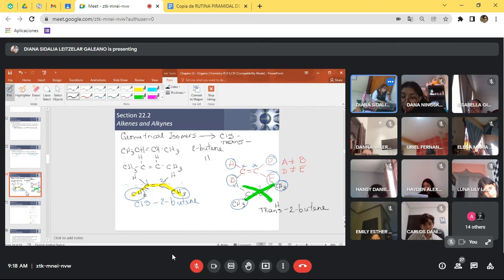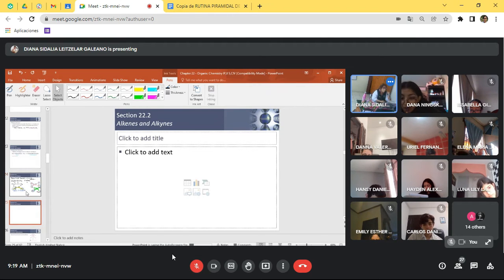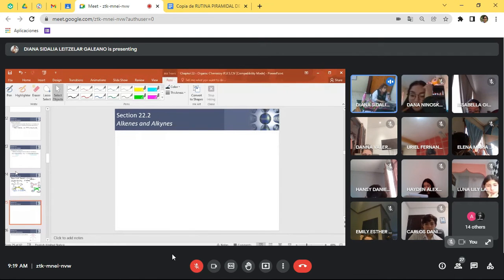Bueno, si existe la molécula, está bueno. Pero sí se lo va a incluir en aromatic.